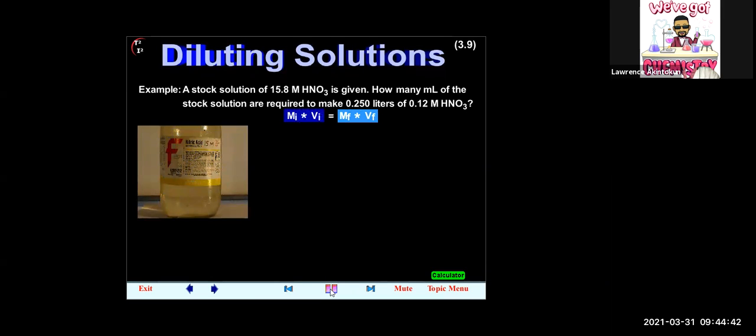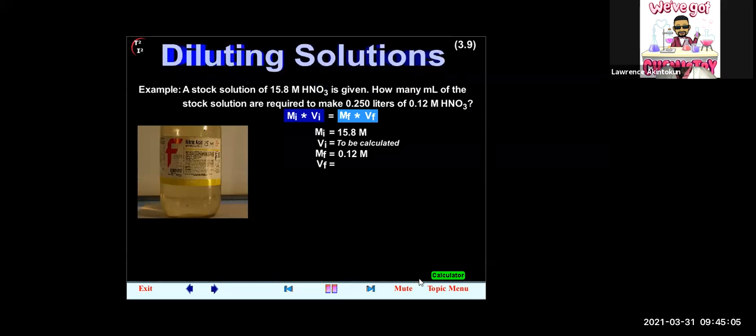Mi times Vi equals Mf times Vf. Mi equals 15.8 molar. Vi is to be calculated. Mf equals 0.12 molar.